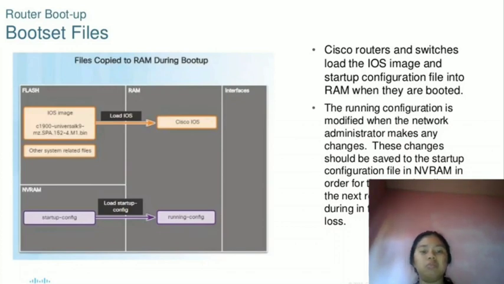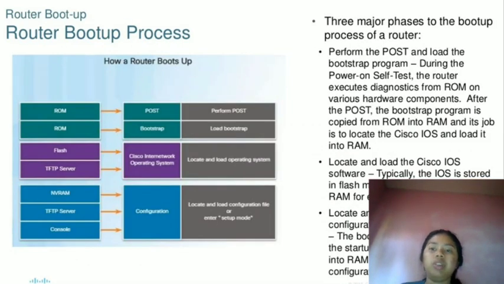These changes should be saved to the startup configuration file in NVRAM. Router boot process: there are three major phases to the boot up process of a router: perform POST and load the bootstrap program, locate and load the Cisco IOS, and locate and load the startup configuration.